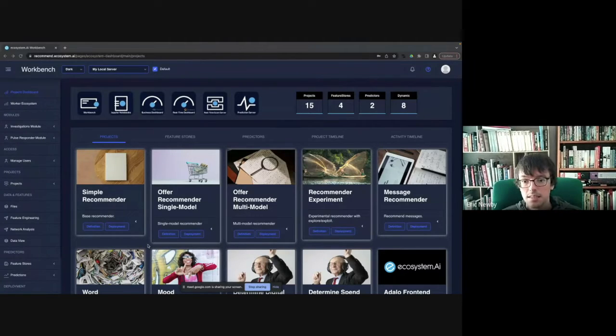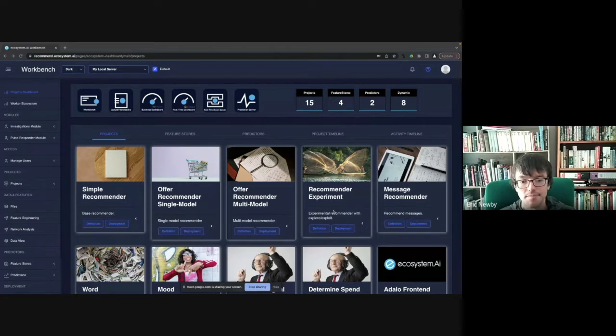The next piece is, what if you don't have that kind of historical data set, or you have a much more limited historical data set? So that's more of the cold start problem. And how do you have a recommender that has more of an experiment ideology or approach to it?